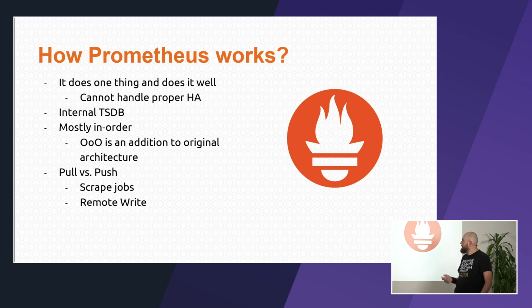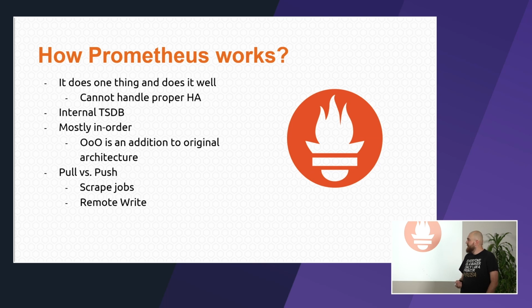How does Prometheus work? Prometheus basically does one thing and one thing only, and it does it well. But it cannot handle high availability or anything like that. No fancy things, only scraping metrics and storing them. That's it. It has its internal TSDB. Obviously, it's metrics collection software, so it has a TSDB. It's millisecond based, so if you want nanosecond precision, you are out of luck. You need to use something like Influx.